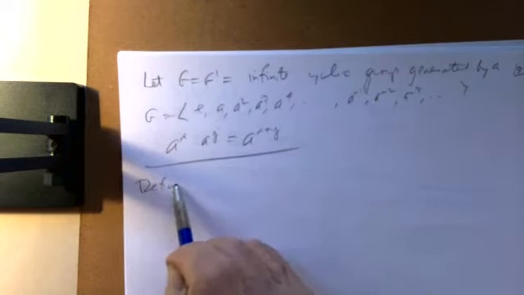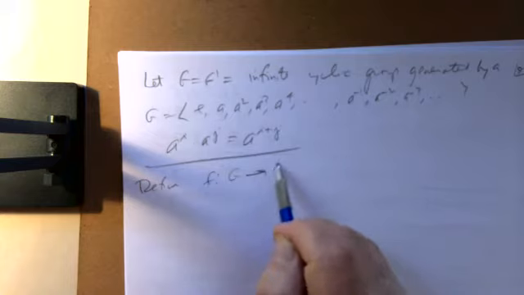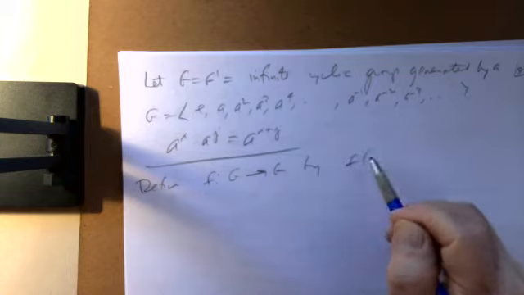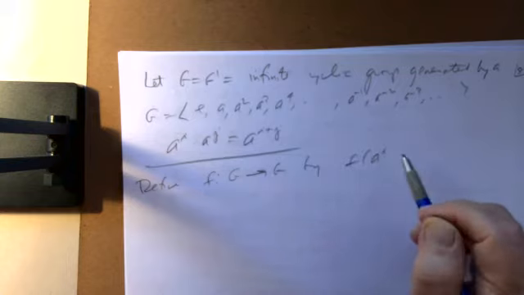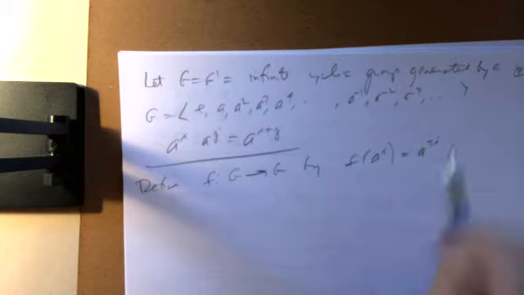Suppose we define a function f from the cyclic group to itself by f of a to the power I is a to the power 7 times I. So this defines a function. And the question is, is it a homomorphism?